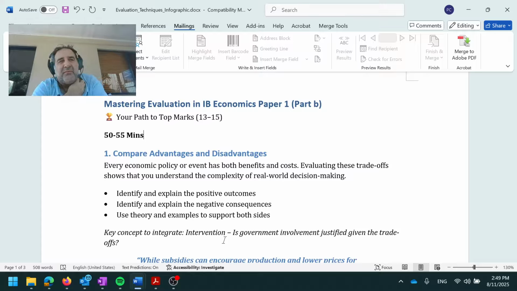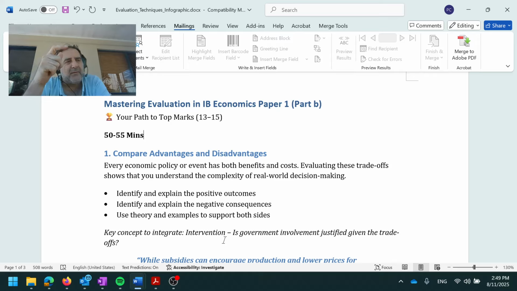So again, this should look like the first paragraph under your first diagram in your IA. From your IA, you would be integrating the real world example in that first explanation paragraph that supports your diagram.